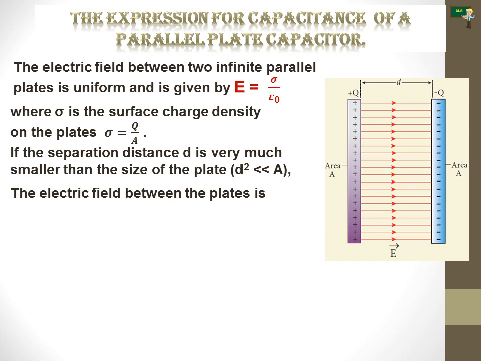If the separation distance d is very much smaller than the size of the plate, that means d squared is very much less than A, the electric field between the plates is E equal to Q by A epsilon naught. This is equation number 1.